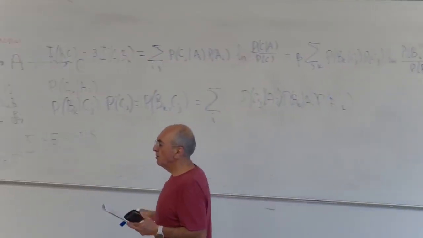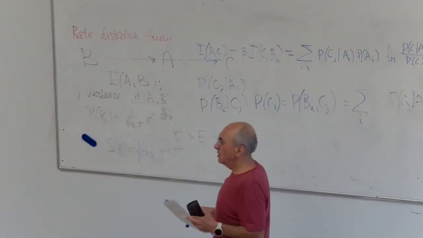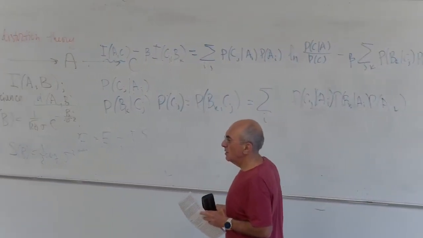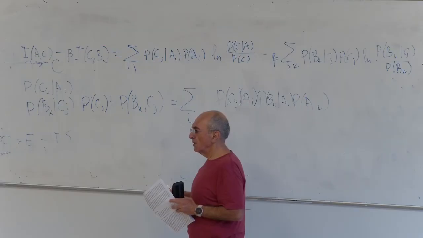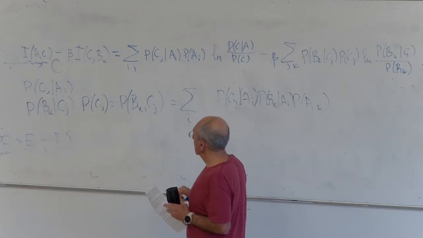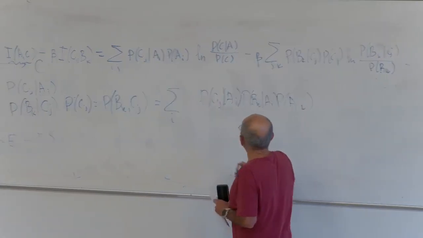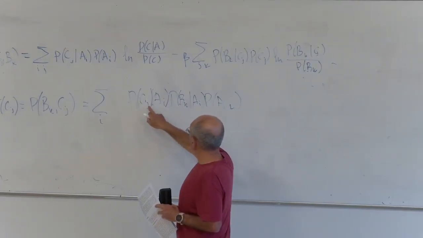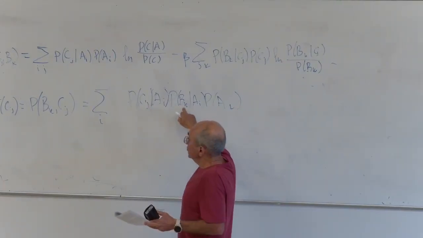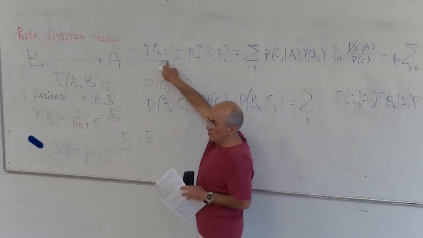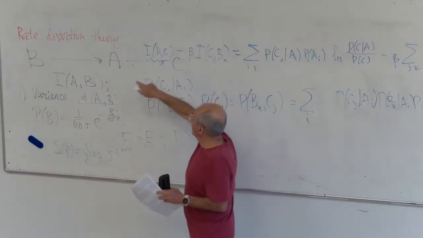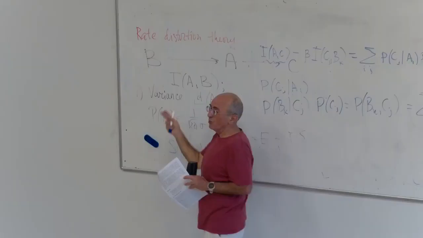Yes. For this sum to be true, don't you need to assume that given A, B and C are independent, for it to break apart? Well, they're all dependent. If you look here, there is a conditional probability. Of course, they are dependent. There is mutual information between C and A, which we explicitly look to minimize. And of course, there's mutual information between A and B, but we don't look for it.